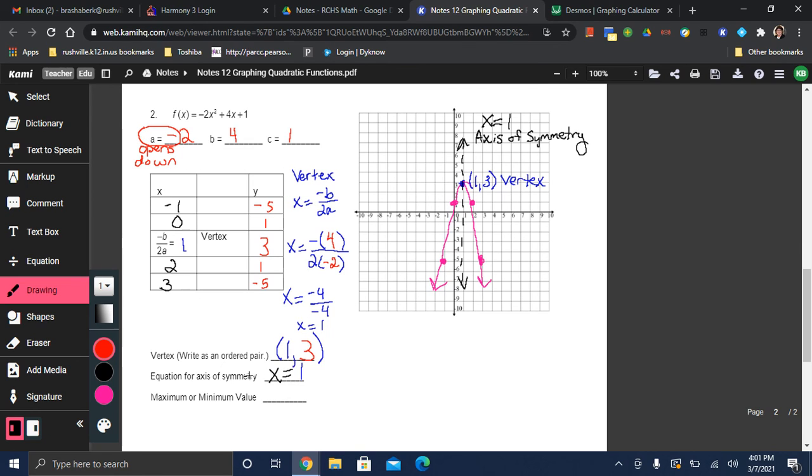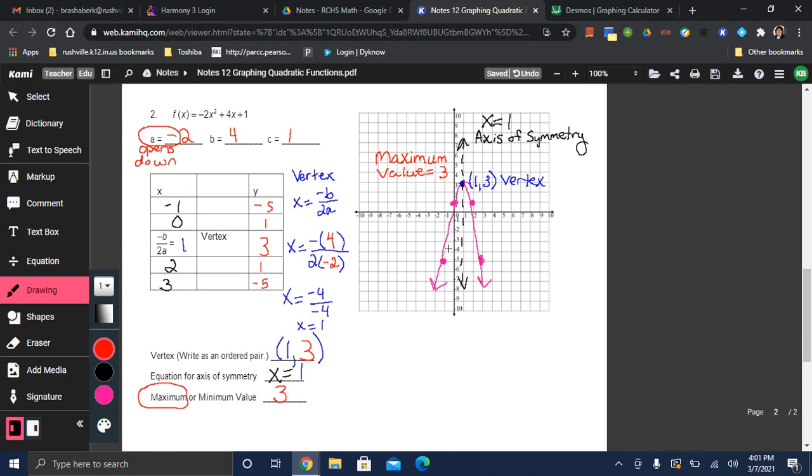So the graph opens down, which means you have a maximum. So a maximum value, and that would be the y out of the vertex. So the maximum value is 3. So this graph has a maximum value equaling 3.